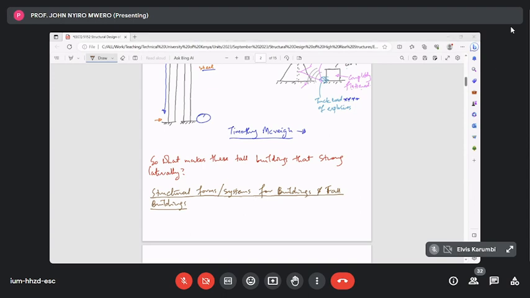There's a way we arrange structural members in a building to make it stiff in the lateral direction. This is what we want to talk about under this small subtopic.